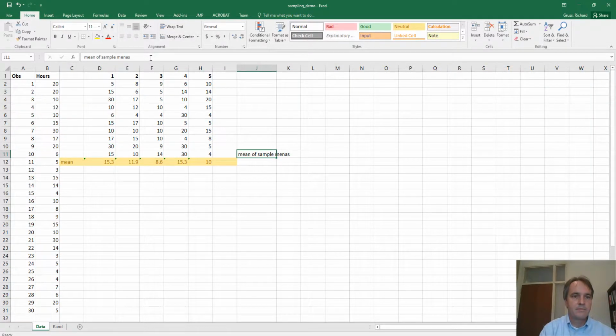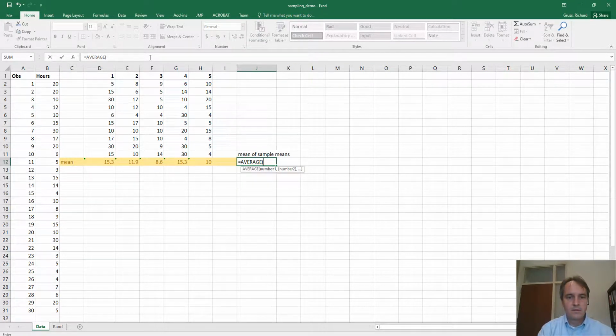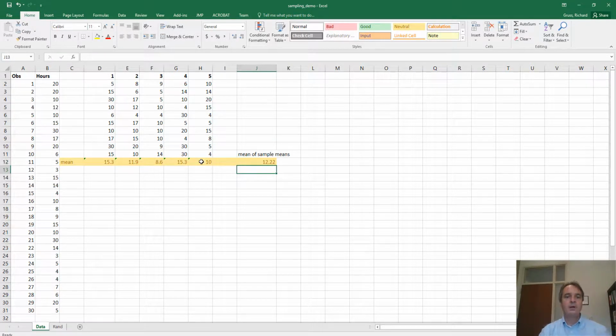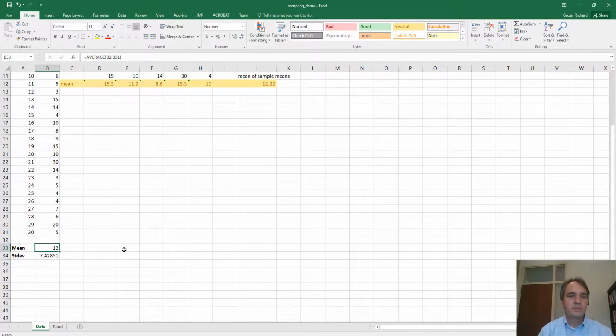Mean of sample means. Okay, so average of these averages here. Okay, and it wound up being 12.2, which is pretty close to the true population mean.